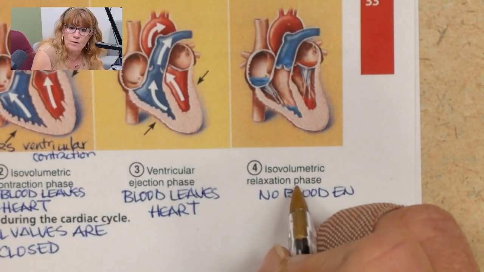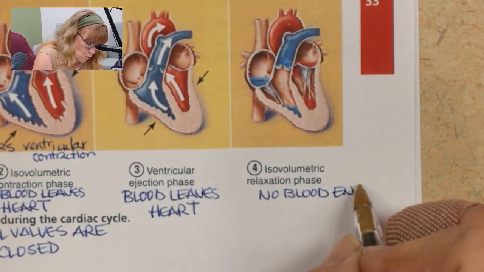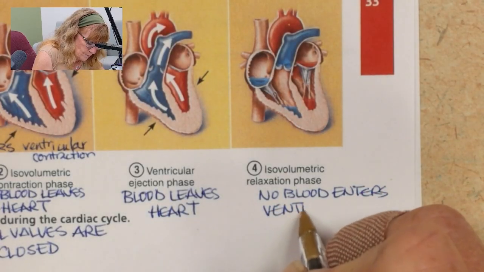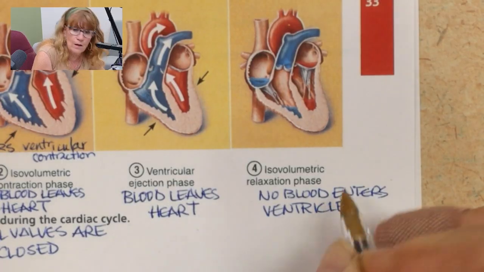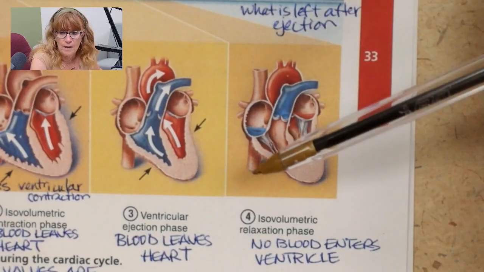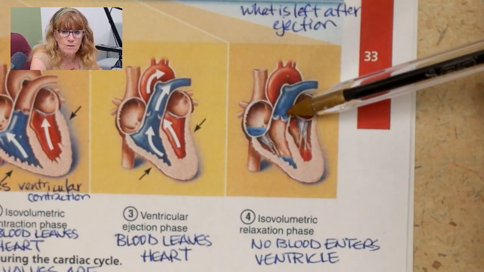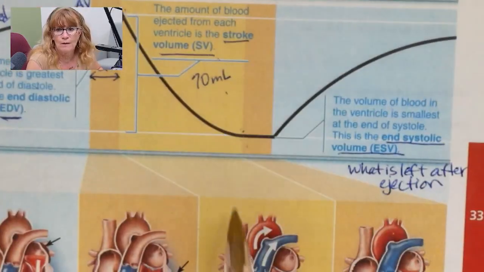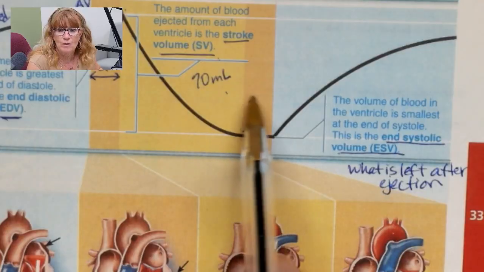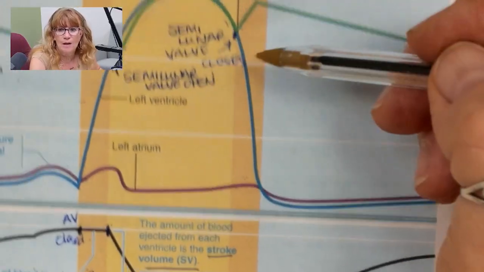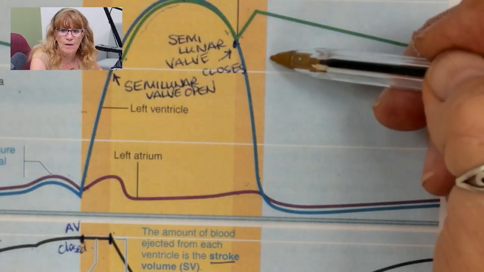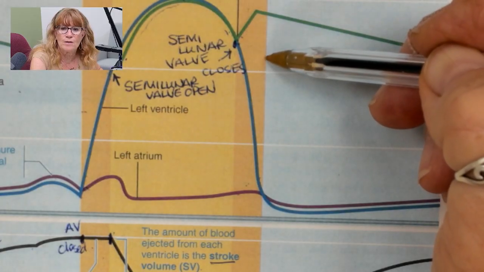We're isovolumetric, so the volume is staying the same, so no blood enters the ventricle yet because the ventricle is relaxed and it can't keep this open so that the blood can come back in. And so this isovolumetric relaxation is this time period when the semilunar valve has closed, but the AV valve hasn't opened up yet. The bicuspid and tricuspid valves haven't opened up yet.